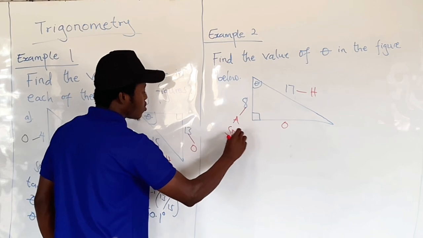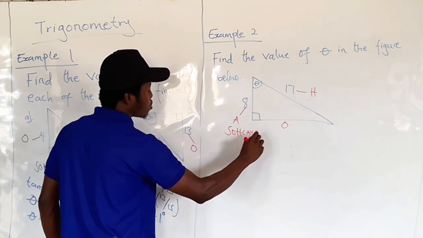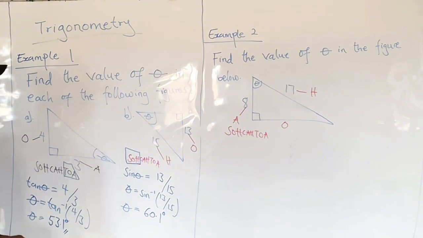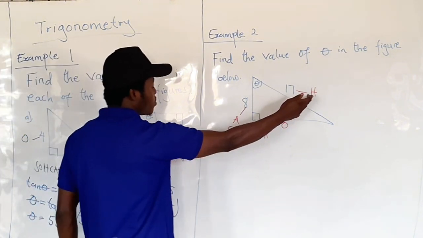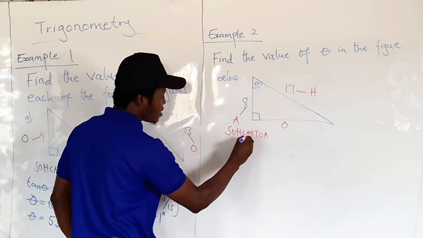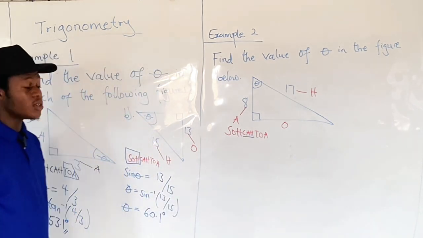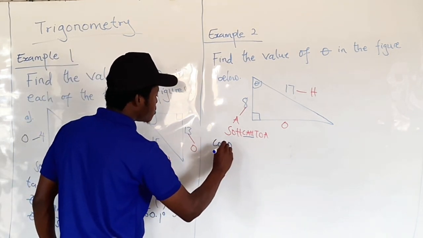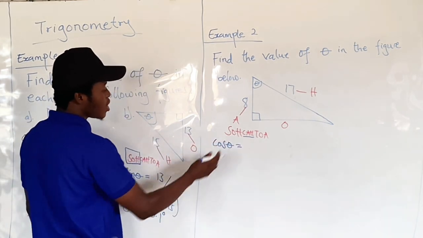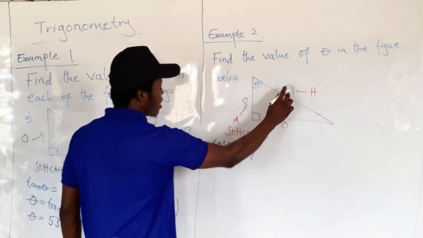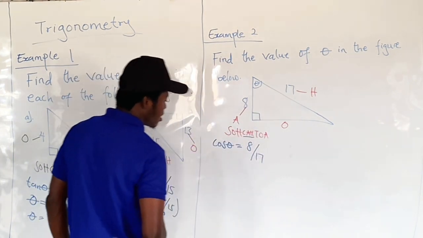Now, from SOHCAHTOA, which trigonometric ratio relates the adjacent to the hypotenuse? We realize that cos relates the adjacent to the hypotenuse, so we will use cos. Now we have cos of the angle theta is equal to the adjacent, which is 8, over the hypotenuse, which is 17.